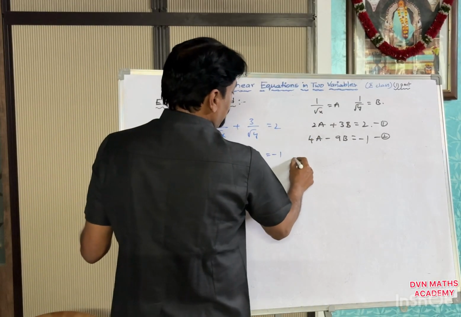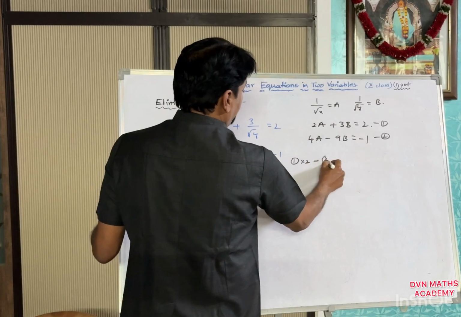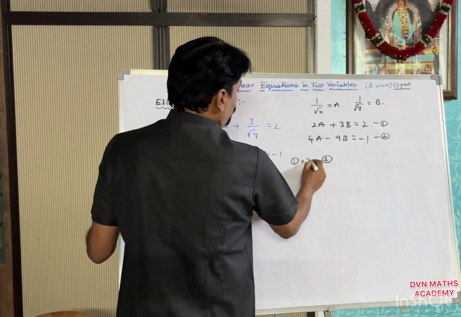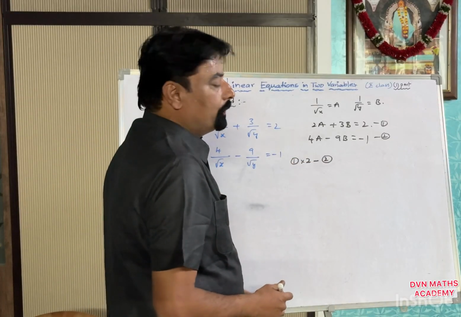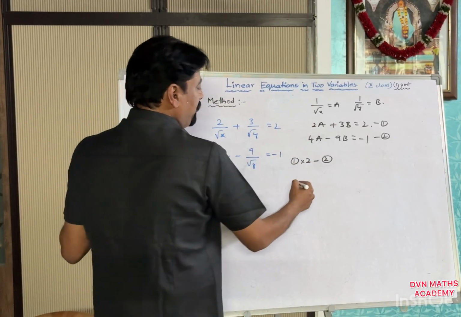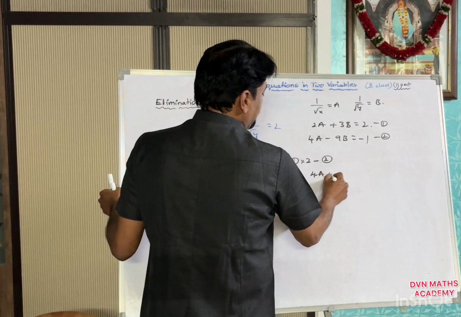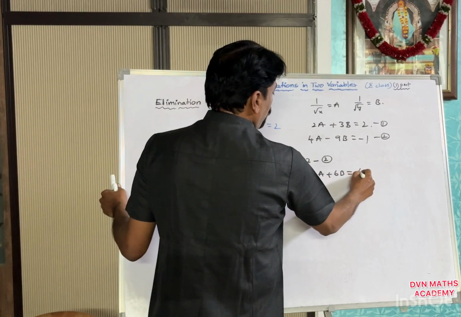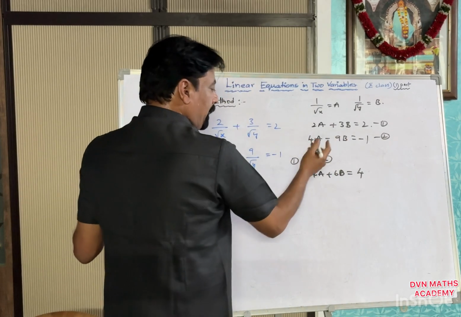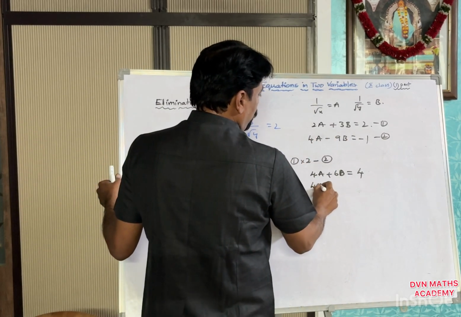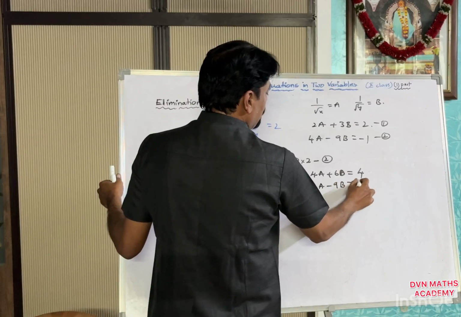First equation into 2 minus second equation. You multiply the first equation by 2, which means 4a plus 6b is equal to 4. And the second equation you write as it is, 4a minus 9b is equal to minus 1.